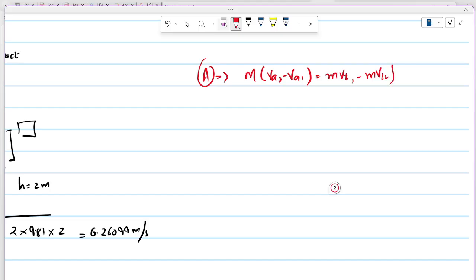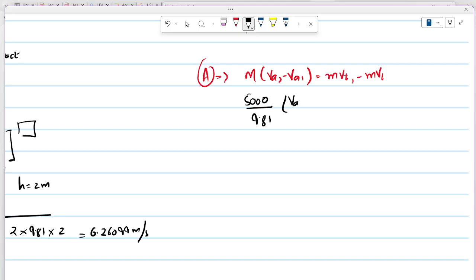Oh, sorry. So you can substitute this value. The m would be equal to 5,000, the weight of the hammer, divided by 9.81 to get the mass value.